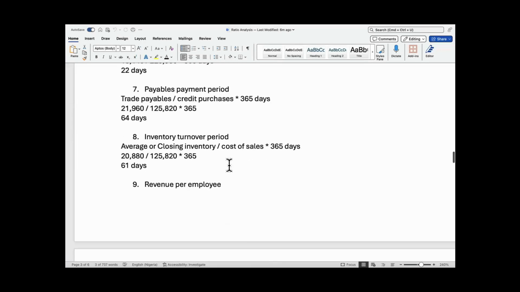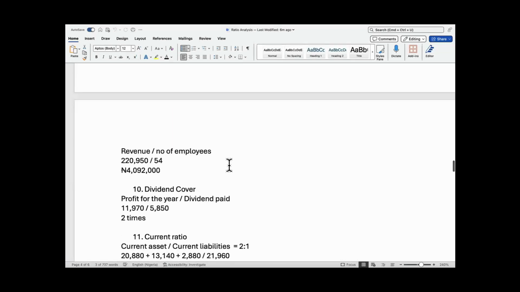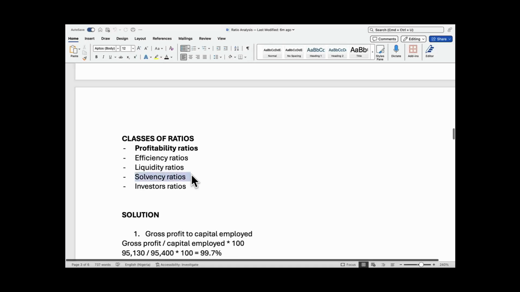So with the question that we solved, it has helped us to look at major elements of these ratios, but there are a few that we haven't considered. One of them is solvency ratio. We have not looked at the entirety of it, and also investors ratio. So we cannot lose sight of those ones as well. So we need to look at them.